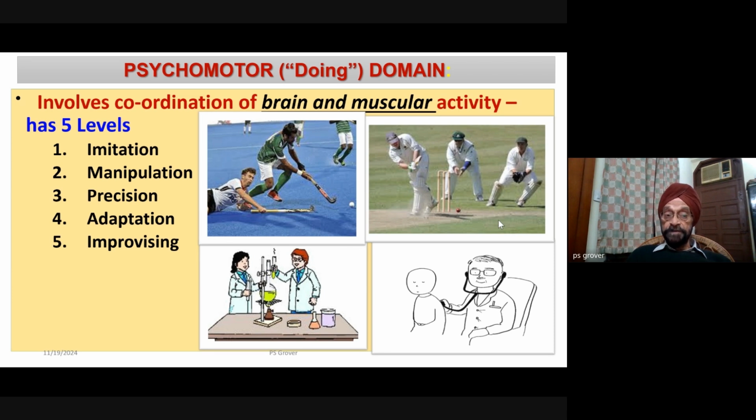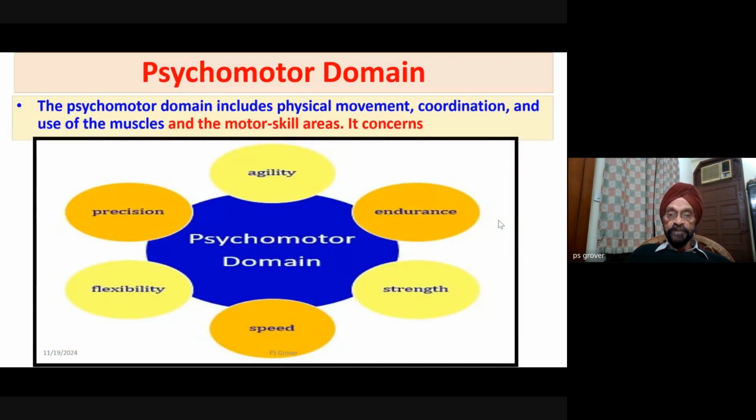So please see here, the psychomotor domain of Bloom's taxonomy involves coordination between brain and muscular or manual activity. And psychomotor domain includes physical movement, coordination, and use of the muscles and the motor skill areas. It concerns precision, flexibility, speed, strength, endurance, and agility.